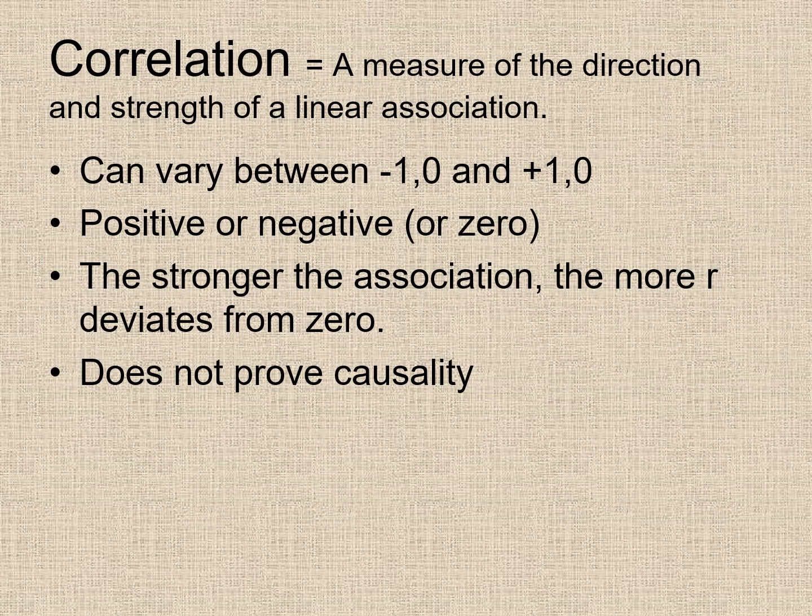Now we come to a new subject, correlations. Correlations are measures of the direction and strength of linear associations between two continuous variables. So if you have two continuous variables, and with continuous we mean that we can speak about higher and lower values.